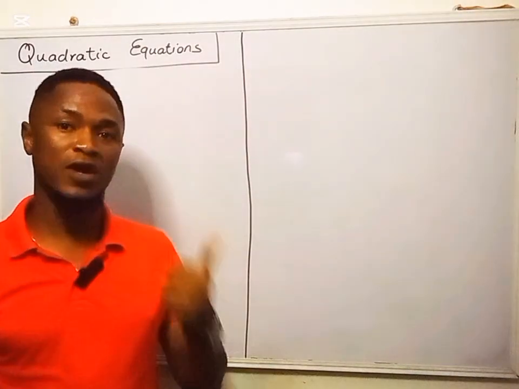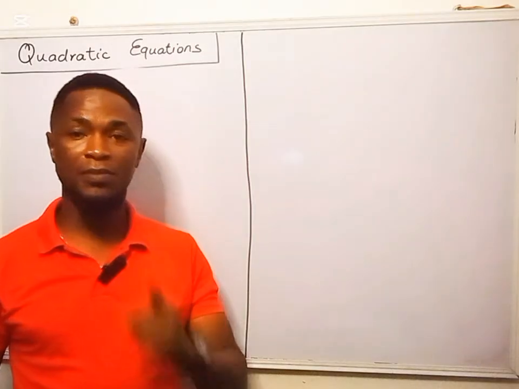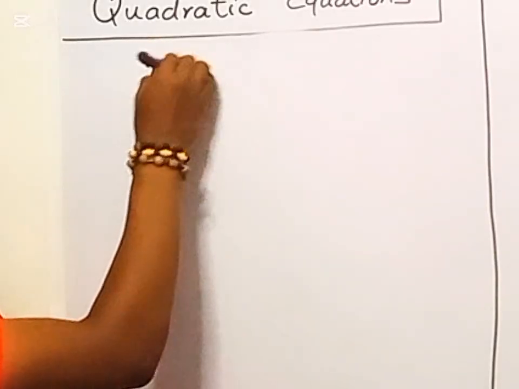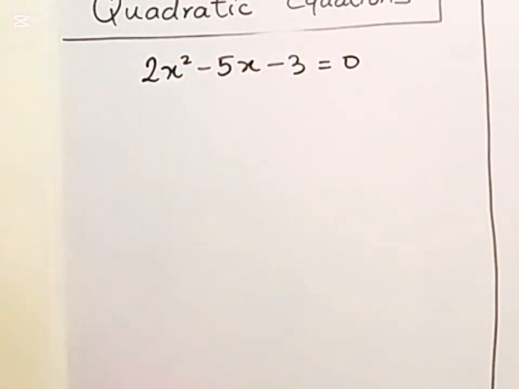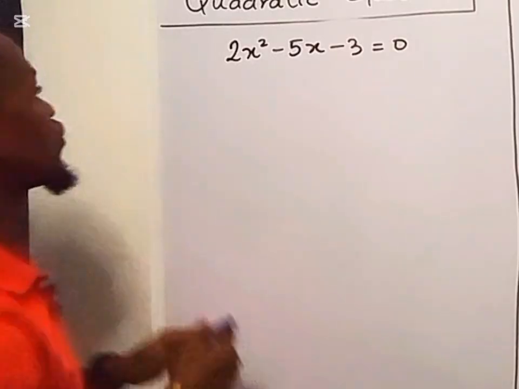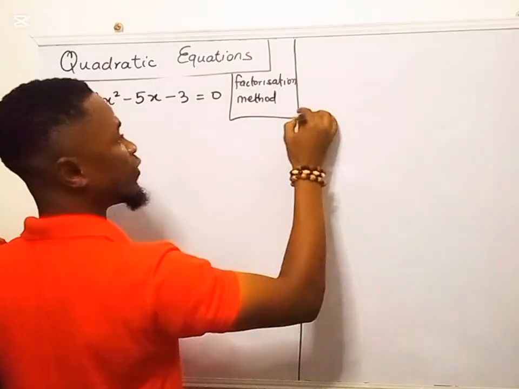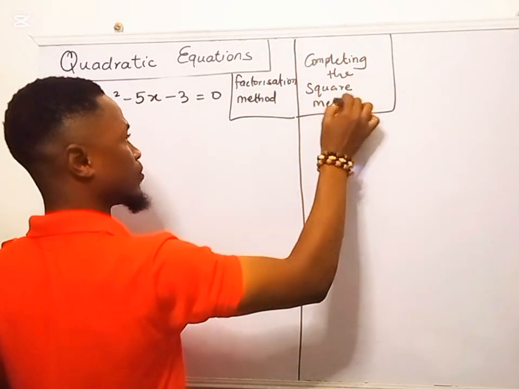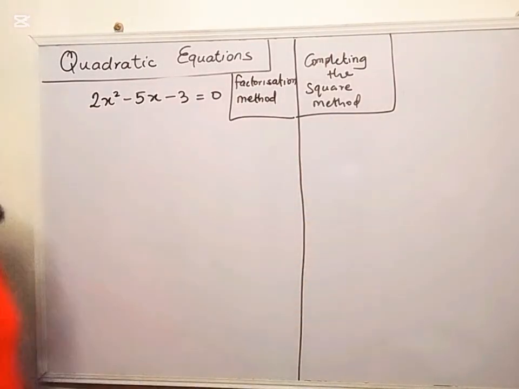I'm going to start with the factorization method and the completing the square method and see whether we'll get the same answer with different processes. 2x squared minus 5x minus 3 equals 0. Alright, so I have this equation. Then on this side of the board, I will use the factorization method and the completing the square method. Let's see whether we'll get the same answer.